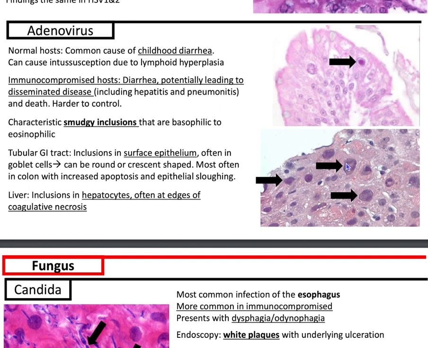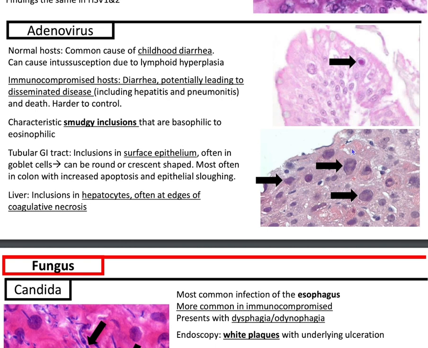Adenovirus. In normal hosts, it's a common cause of childhood diarrhea. It can cause intussusception due to lymphoid hyperplasia in the bowels. In immunocompromised hosts, you'll have diarrhea potentially leading to disseminated disease, including hepatitis and pneumonitis. This is harder to control.